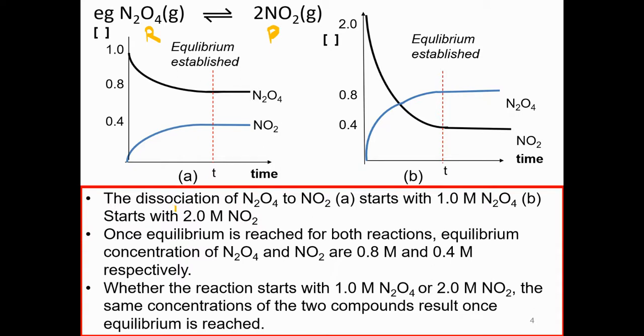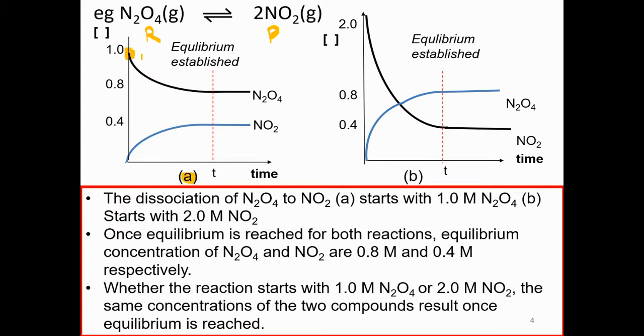The dissociation of N2O4 to NO2 starts with 1 molar and 2 molar. For N2O4, the reactant, it starts with 1 molar, and for NO2, it starts with 2 molar. I will start with A first.